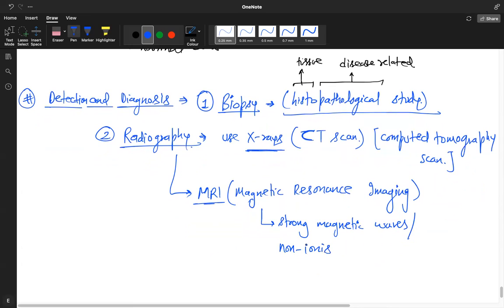There are two types of radiations: ionizing and non-ionizing. Ionizing radiation is one where the power of the radiation is very high. And once you send these radiations inside the body, they can convert atoms into ions. You must have studied in physics or in chemistry that if you provide enough energy to an electron, the electron will leave the atom, correct?